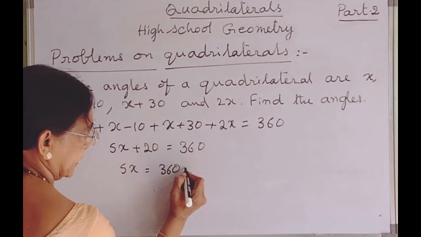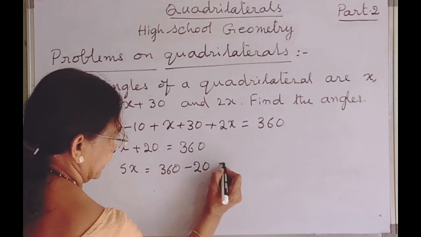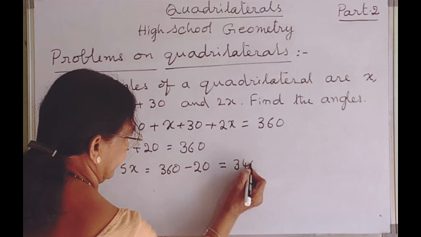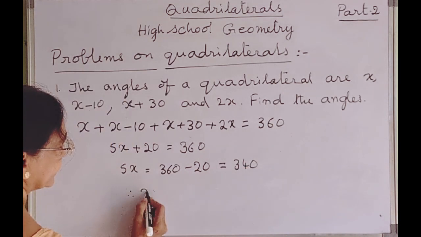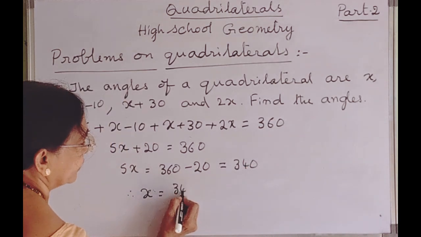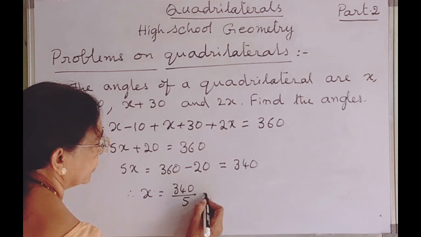Taking 20 to the other side, it becomes minus 20, so 5x is equal to 340. Therefore, x is equal to 340 by 5.